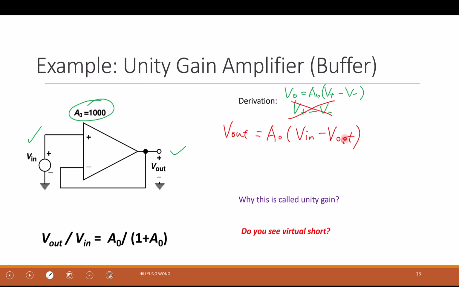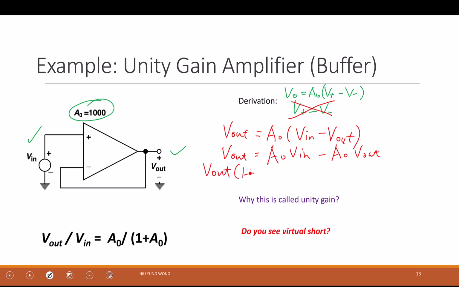In my class, if you can get to the final stage without solving, you probably get 90% already in the midterm, because I'm not testing your algebra. You can use Mathematica to do that. But if you set up the wrong equation, then I will deduct more points. I just expand it and move the V out to the left.